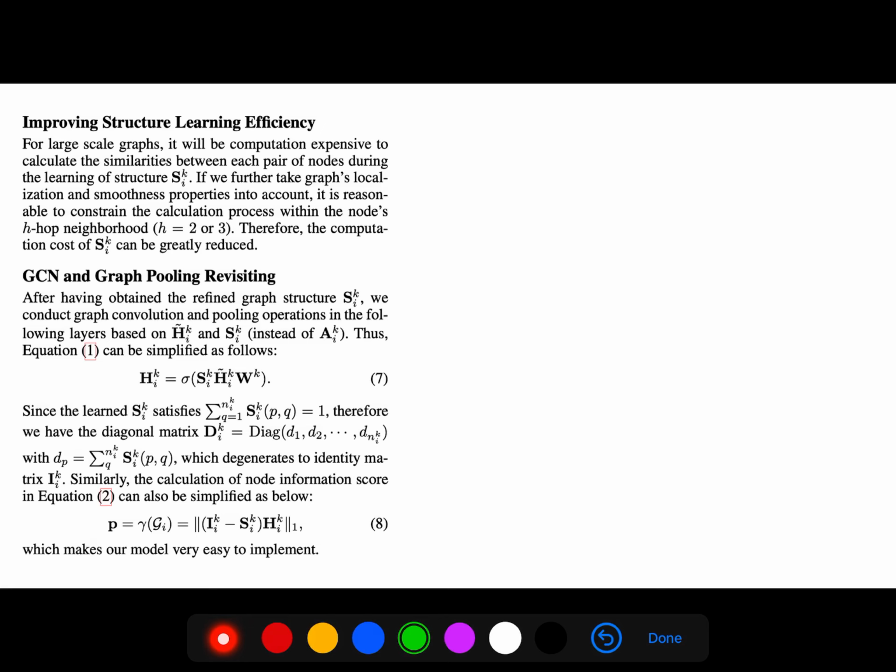So after having obtained the refined graph structure, we conduct graph convolution and pooling operations in the following layer.